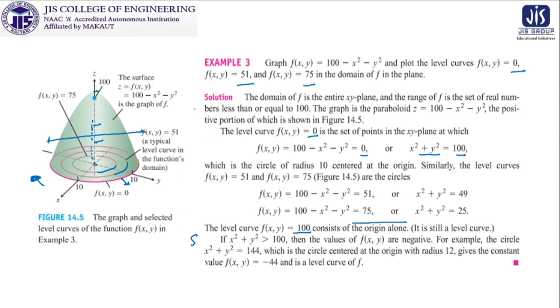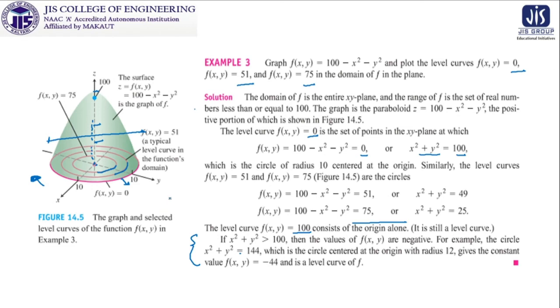This is also stated: if the value is greater than 100, then what will happen? Obviously then the values of f(x,y) will be negative. For example, if we take the circle x square plus y square equal to 144, which is the circle centered at the origin with radius 12, it keeps the constant value f(x,y) equal to minus 44, and is the level curve of f.